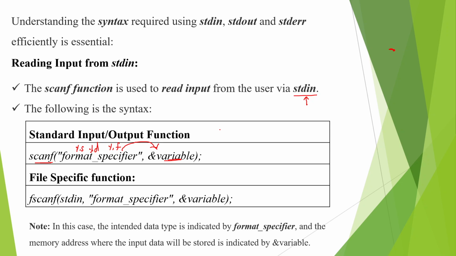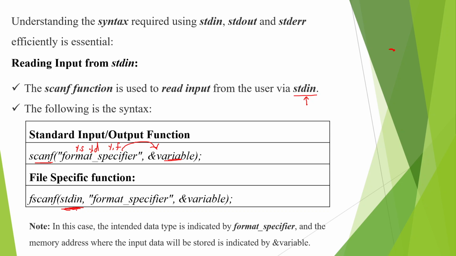Then we have file-specific functions like fscanf. Generally we use fscanf to read data from a particular file, isn't it? In the syntax of fscanf, the first parameter is going to be the pointer to that file.